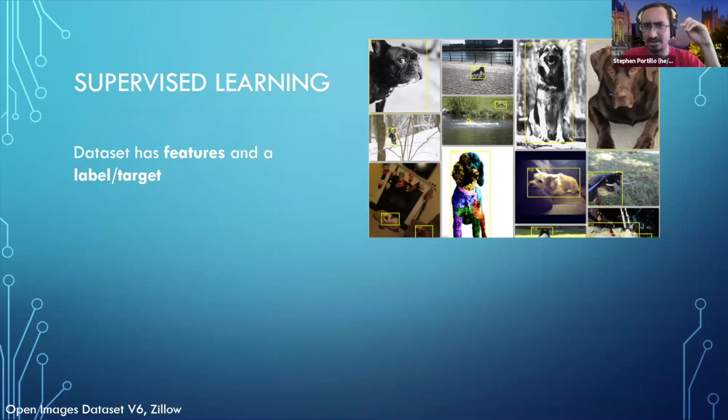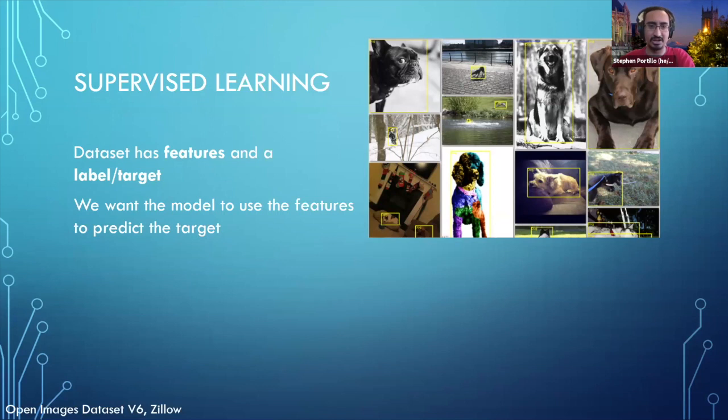So in supervised learning, the idea is you have a bunch of features that you want to use to try to predict a target. So in my dog case, I'm using the pixel values in each image to predict whether or not that image has a dog. So dog or no dog is my label or my target.